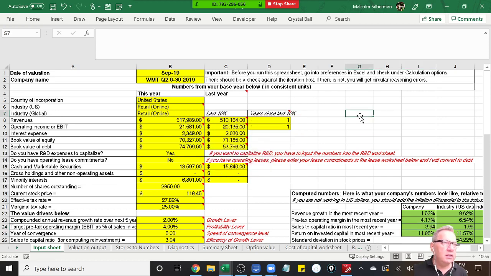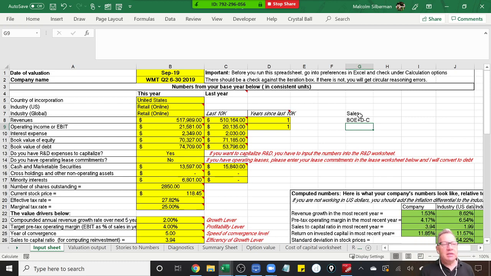So it's going to be sales divided by book value of equity plus debt minus cash. And he does that calculation, and he gets this number of 3.94.